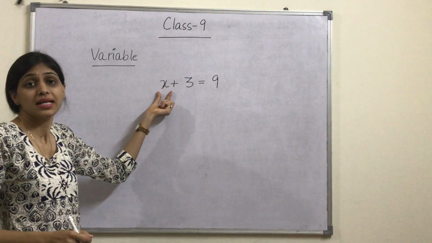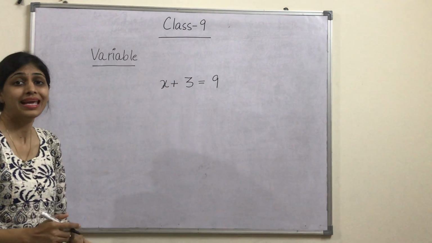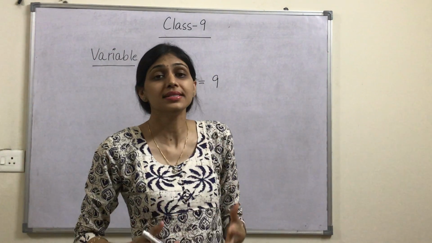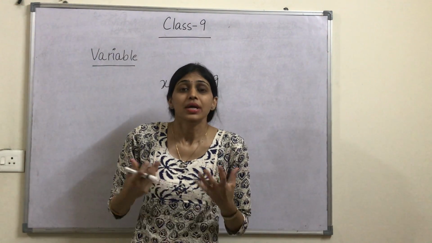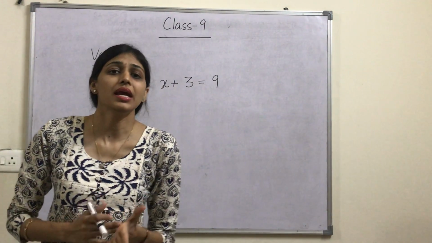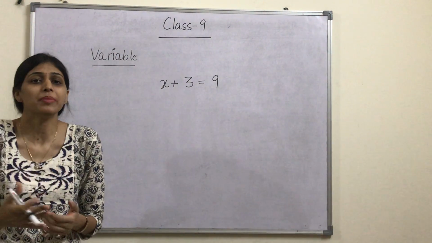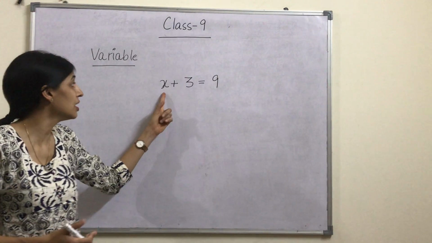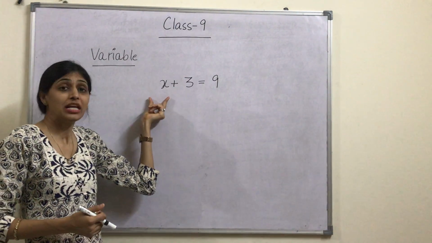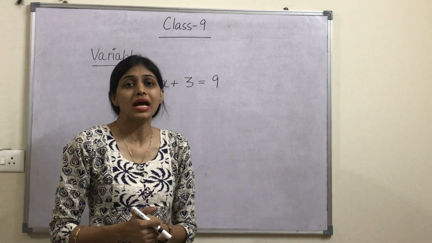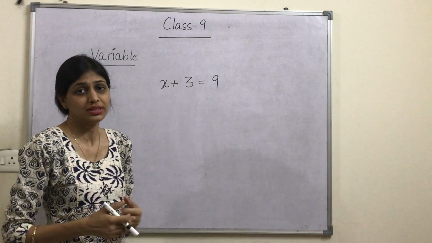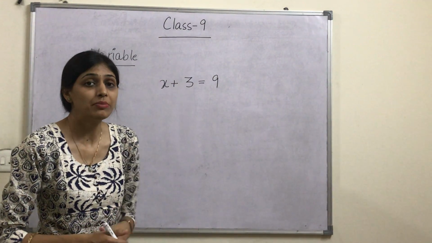Here x is known as the variable whose value varies, whose value is unknown to you. It can be any variable: x, y, z, a, b, c, any alphabet you can take in the form of a variable. So the value which is unknown, which we have to find out, is known as a variable.